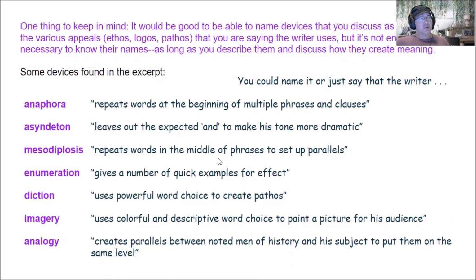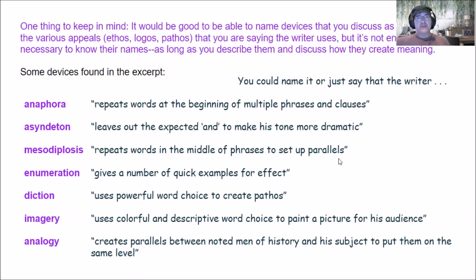Mesodiplosis, where you repeat words in the middle of phrases to set up parallels. You don't have to know that word to be able to describe what the author is doing. So really, ultimately, you're looking for repetition. You're also looking for opposition, like you would find in antithesis, where words are opposites that are often placed in similar places and phrases. You just describe how it works.